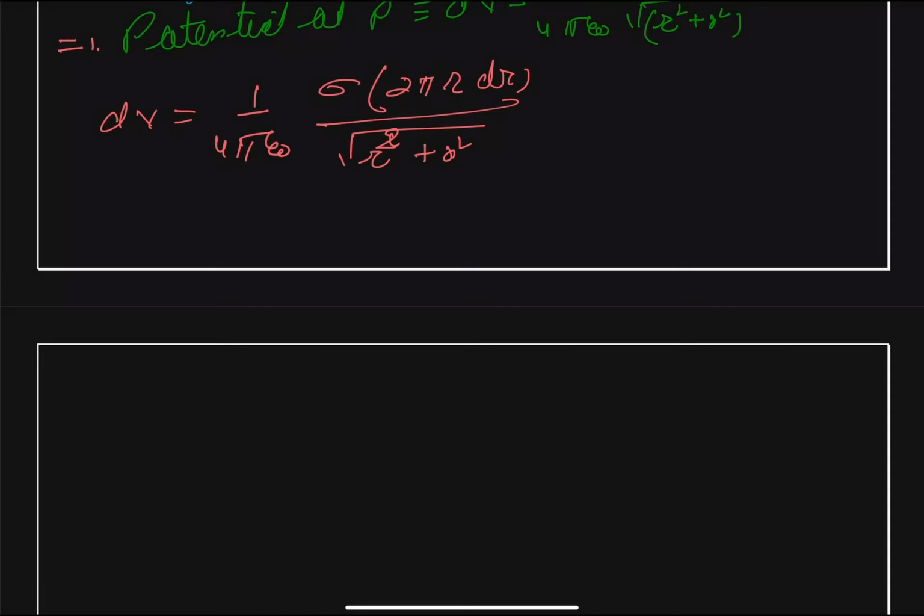So based on this we can find out the electrostatic potential at P prime. Electrostatic energy, electrostatic potential energy, one and the same thing.